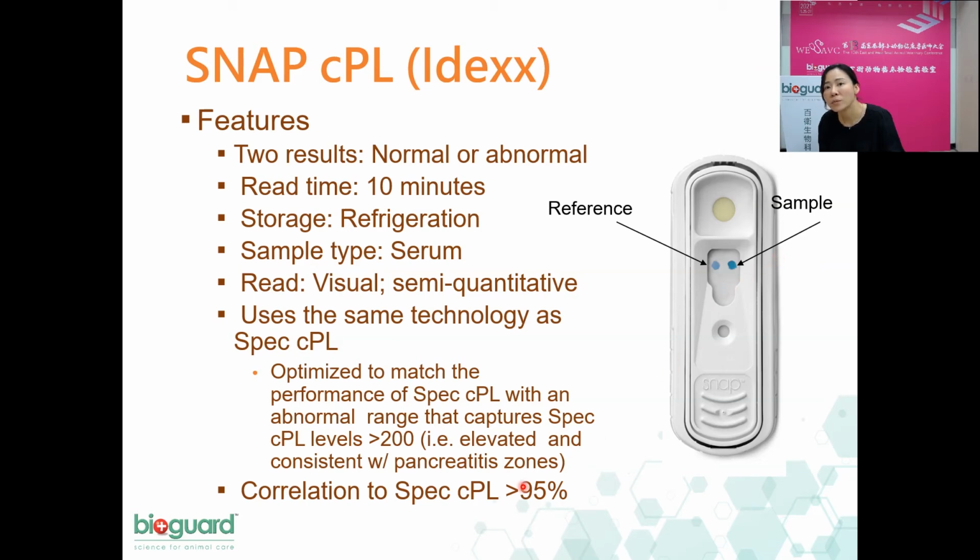Because it's a semi-quantitative method, if the color is darker than the reference dot, the pancreatic lipase level is more than 200. So it's a very easy product to help us diagnose pancreatitis.